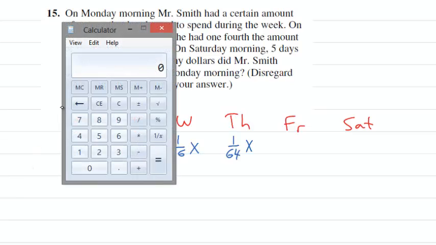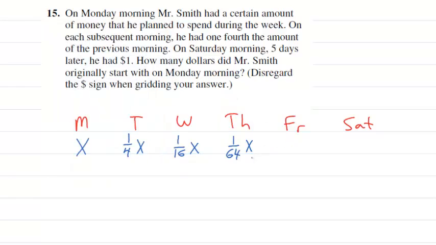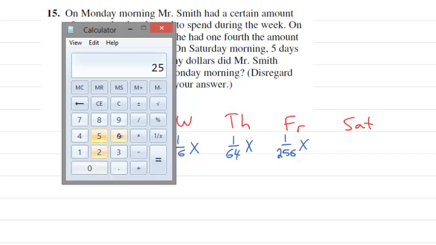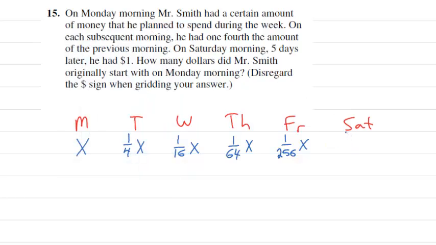And 64 times 4 is 256. So 1/64 x times 1/4 is 1/256 of x. When we multiply 256 by 4, we have 1 over 1024 x.